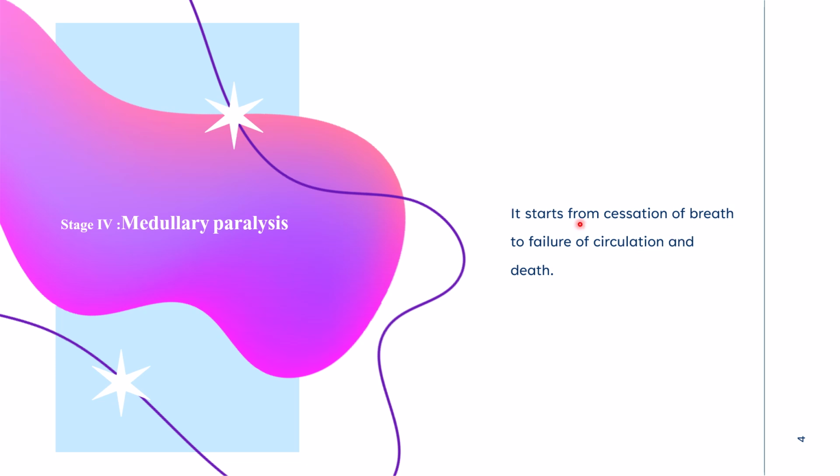It starts from cessation of breath, complete arrest of breath and failure of circulation, and at last it will lead to the death of the patient. So we have to prevent this stage 4. This is called medullary paralysis. So these are the various stages of general anesthesia, and Guedel studied them by using ether.